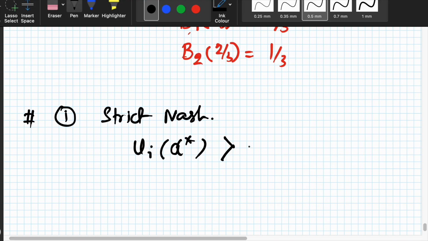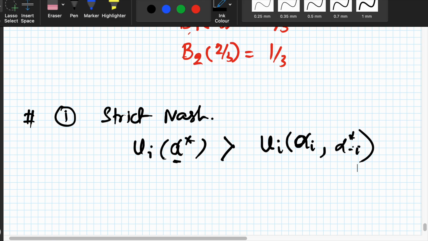Strictness means that the Nash equilibrium action profile a* is such that any other action a_i which is not prescribed by this action profile, when the others stick to the Nash profile, gives a payoff strictly lesser than the Nash action profile. This is called strictness.